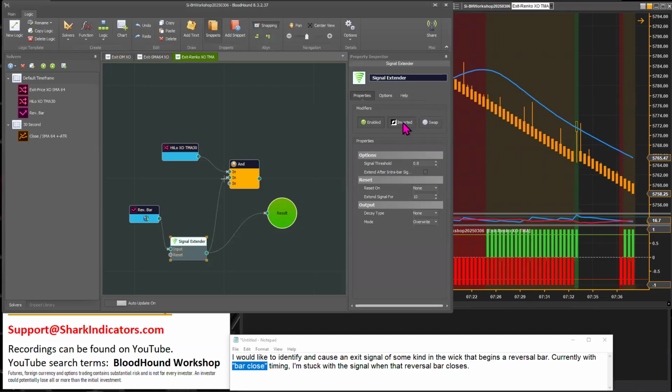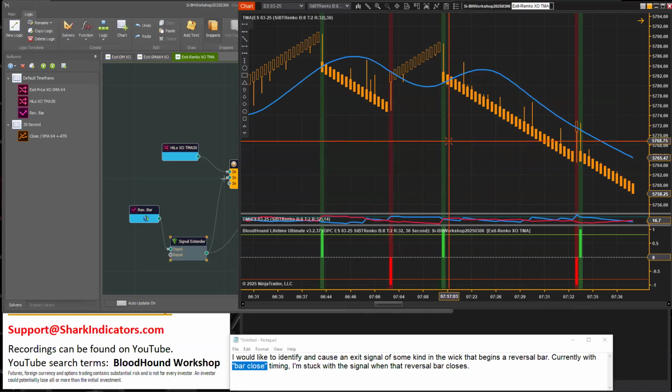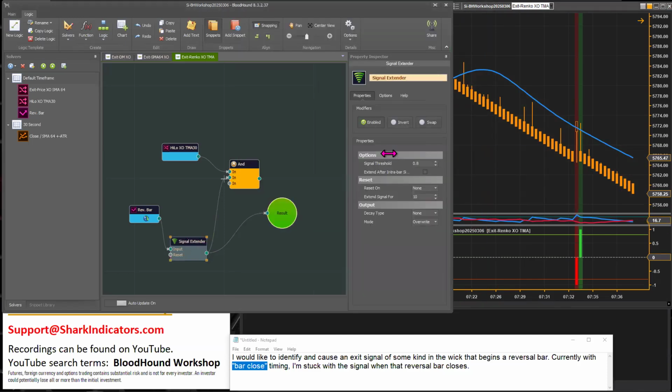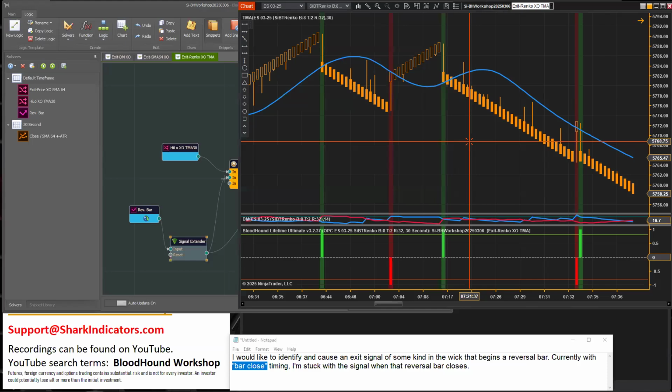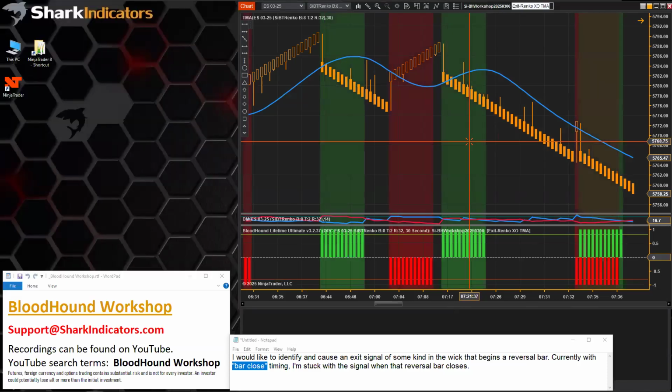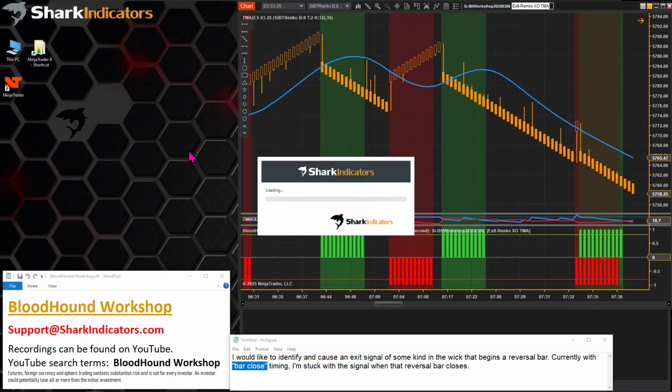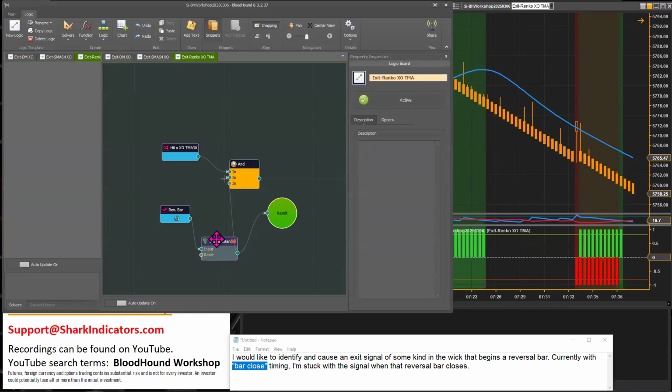inverting it. So let's turn off the invert there. And it looks like I have to keep refreshing the chart here. So we're taking that long reversal bar signal, extending it forward, and then inverting it so that we remove the long output. All right, so there we go.